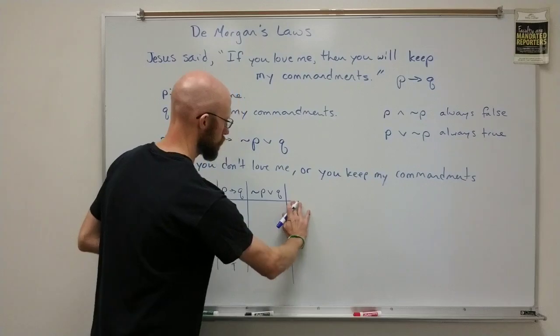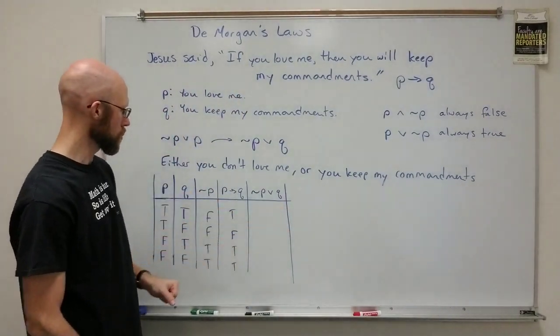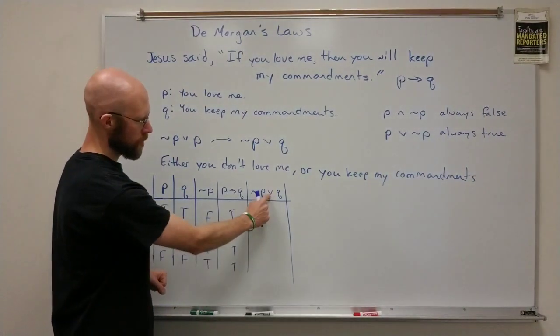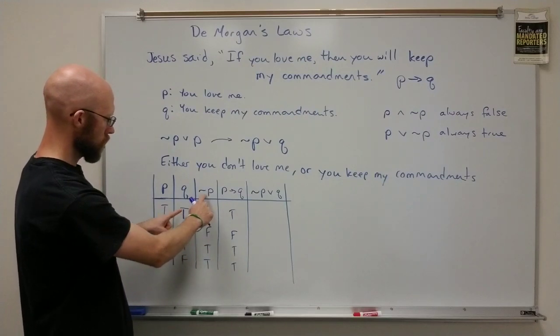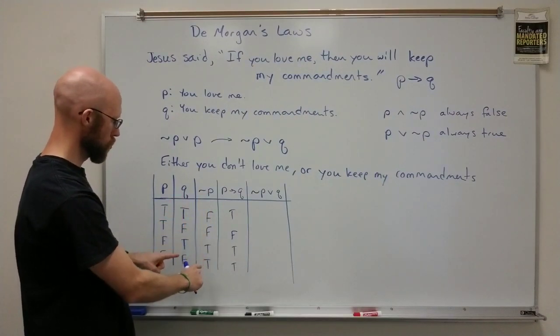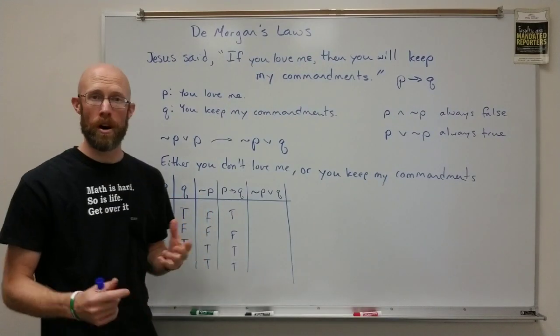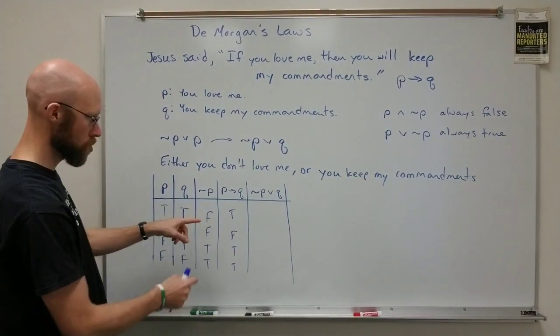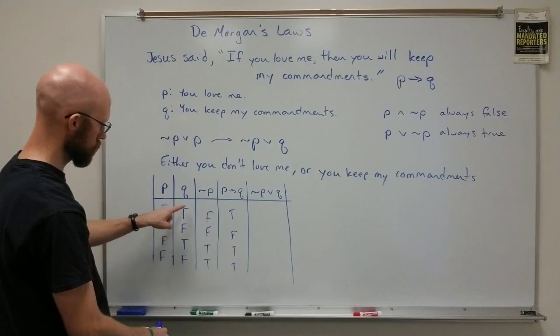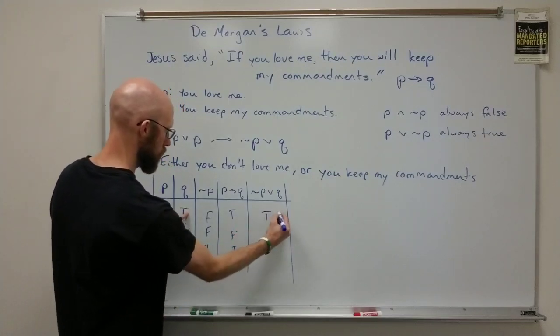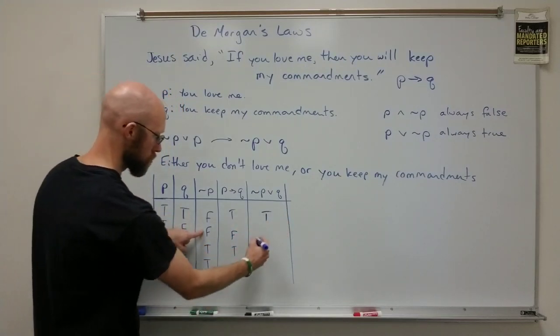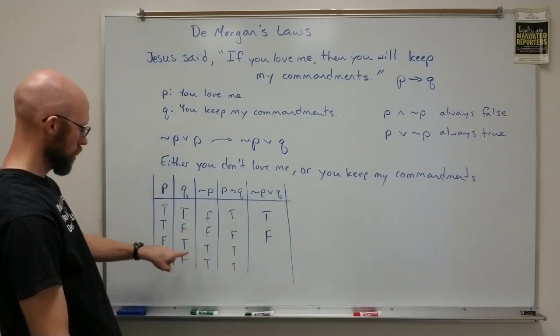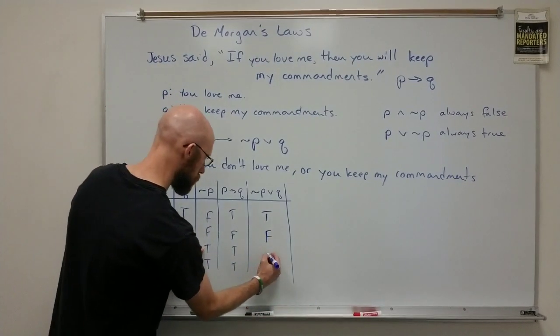Now not P or Q, that basically means, because it's a disjunction, either not P or Q has to be true. If they're both false, then you get a false. So as long as one of them is true, the disjunction is true. So here Q is true. Here neither is true, they're both false. Here one is true, well, actually both are true.